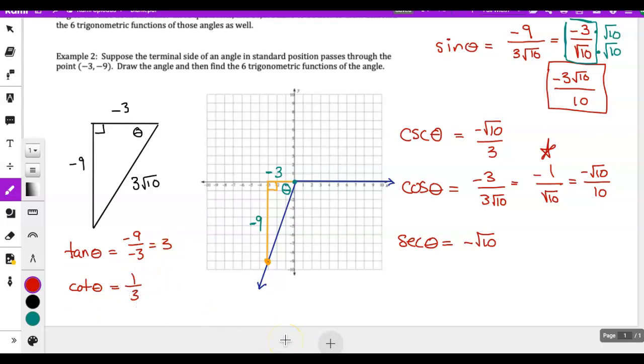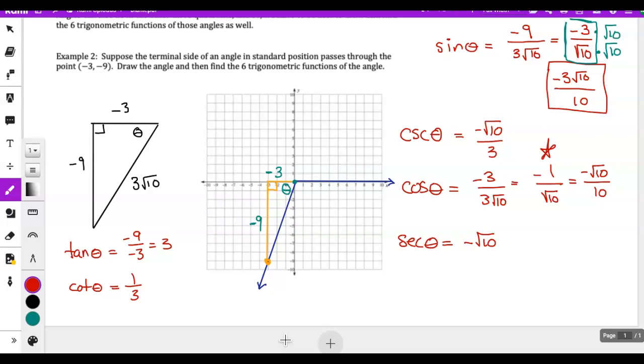Okay? So we spent a good deal of time figuring out how to find the trig of angles that we don't know, and we just drew them and then found the sine, cosine, tangent, secant, cosecant, and cotangent of all of those angles. So I'll give you a couple of practice problems so that you can try those. The other thing is, you don't have to draw it on a coordinate plane.